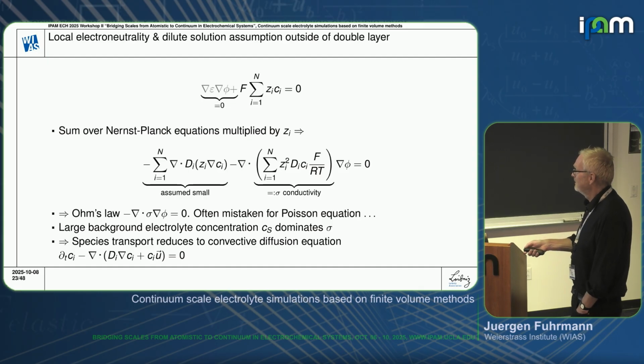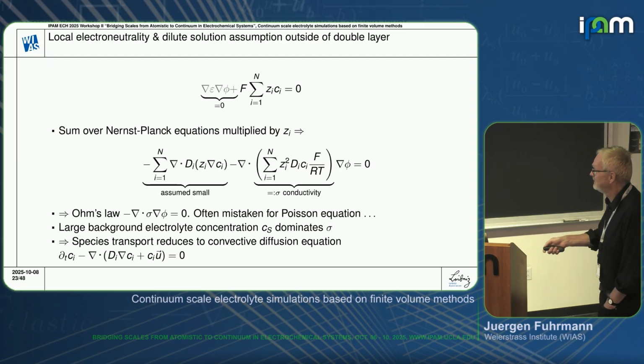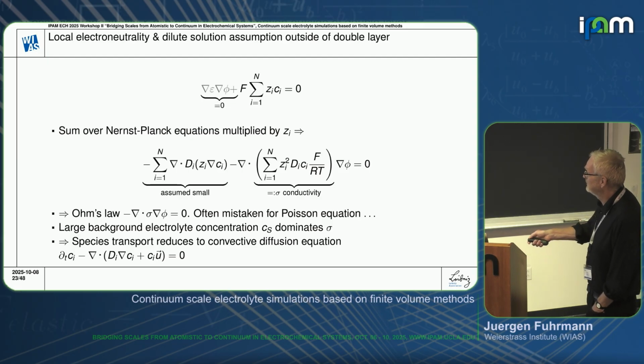And we have another equation for the electrostatic potential, which is now Ohm's law, often mistaken for Poisson's equation, where we have the conductivity sigma as the parameter, and not the electrostatic permittivity.